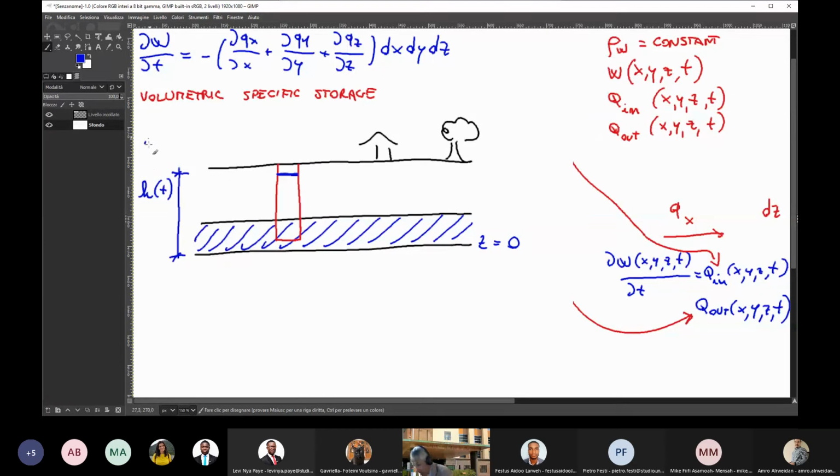Let me write here, hydraulic head. I am keeping an eye on the watch because we have 5 minutes. Okay, this is the hydraulic head, fine. And keep in mind that the hydraulic head is a synonym of the energy of the aquifer, because it's potential energy.